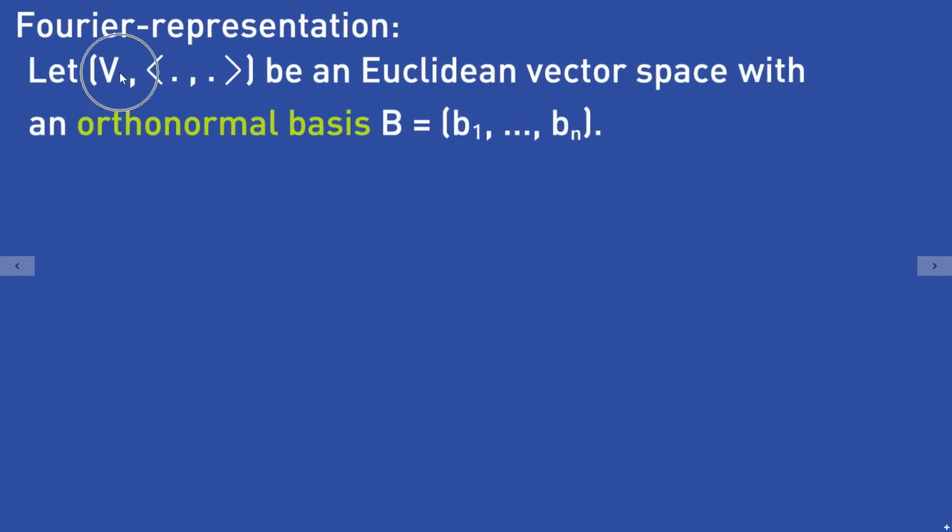Let V be an Euclidean vector space with an orthonormal basis B equal to b1 to bn.